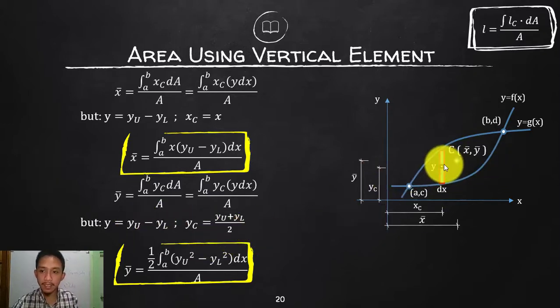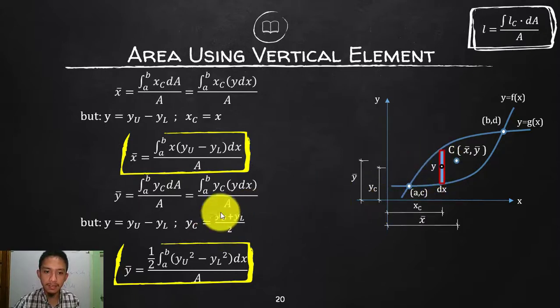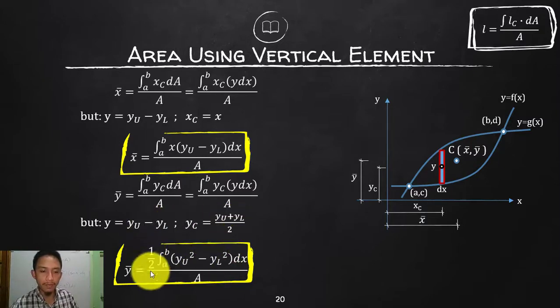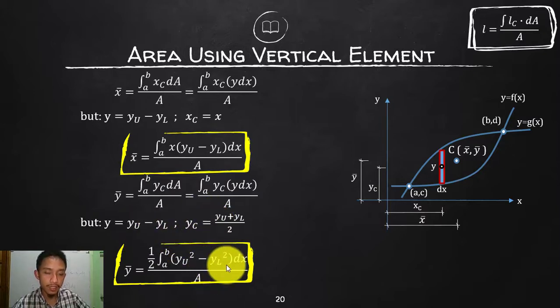So that is again the average of your y upper, y lower for me to get the distance here. And then your y is still y upper minus y lower. Okay, substitute there. Just like my explanation a while ago, expand that one, your 1/2 will be factored outside. That will be y upper squared minus y lower squared. Okay, so that is your formula for y bar and x bar using vertical element.